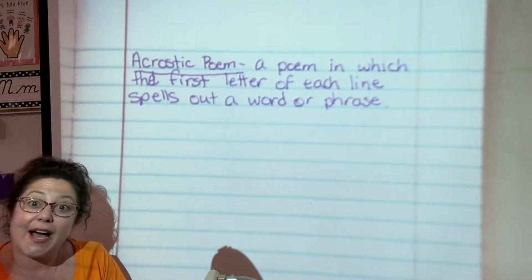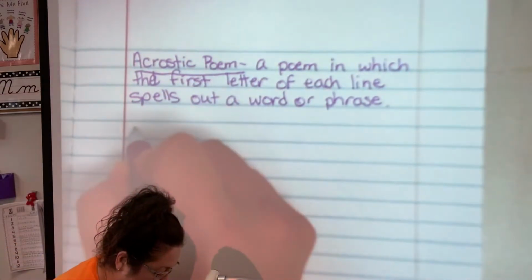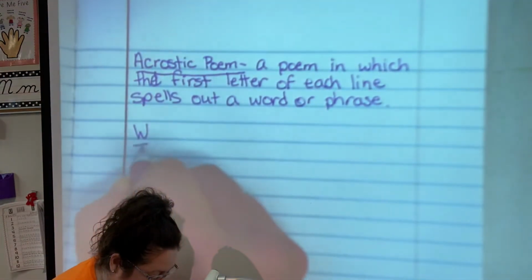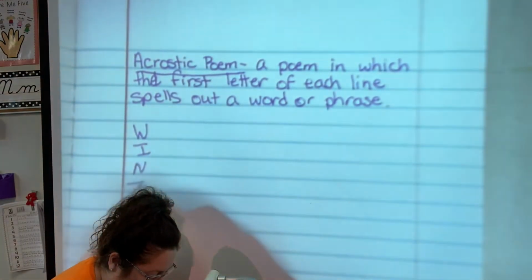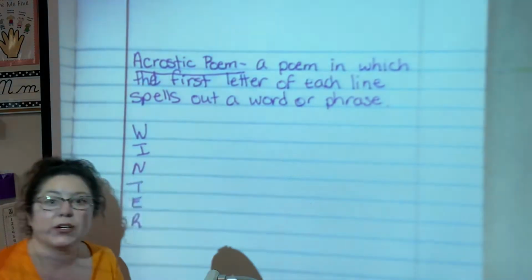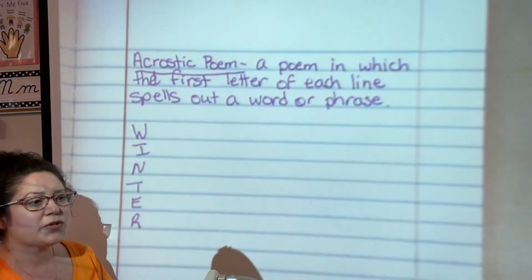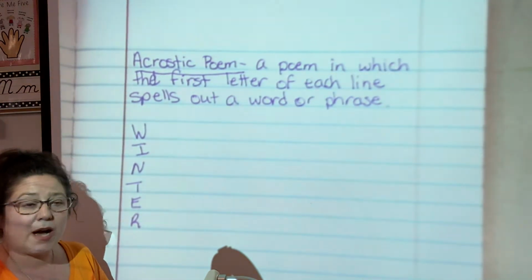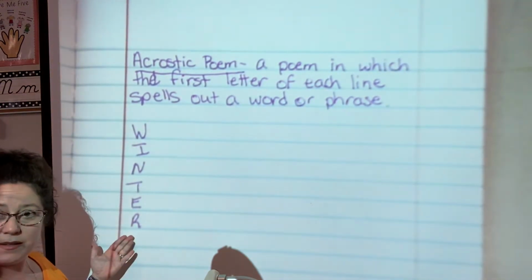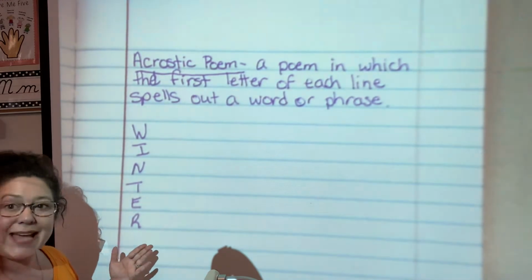So here's how it goes. I am writing out the word winter, going down. And you're probably thinking, you said it goes across. The poem does go across. The topic, this is our topic, goes down.